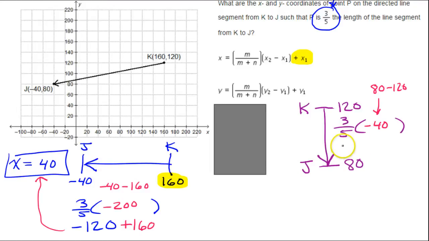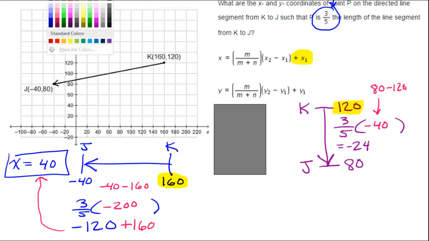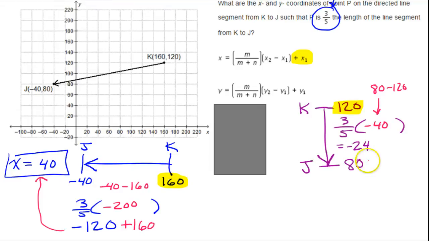So I got negative 24. And now what I need to do is add the first y value. In this case, I'm going from k to j, so the first y value is the 120. So that's what I'm about to add right now. I meant to put it up here next to the 24.